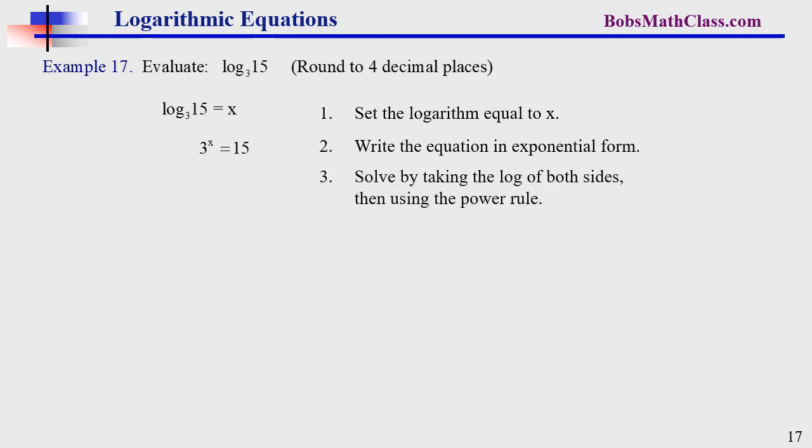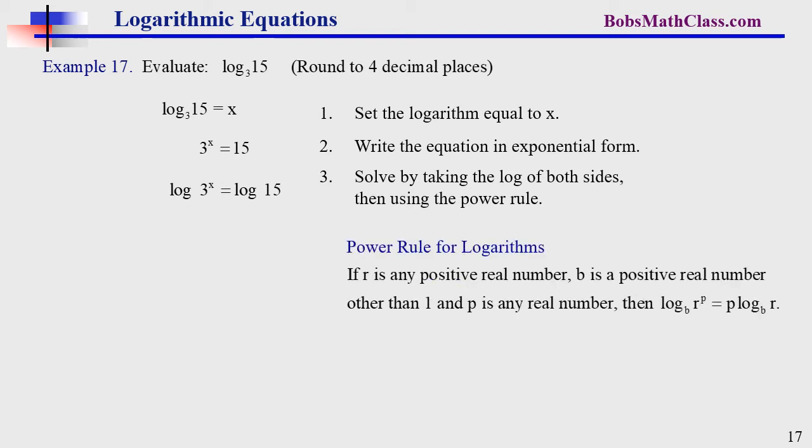All right, so we've done this previously. We're going to take the log of both sides, and then we're going to use the power rule. So right now, just put log in front of each side. Log of 3 to the x equals log 15. Now on the left-hand side, you could bring the x in front of the log. That's the power rule. So I wrote it here just in case you forgot.